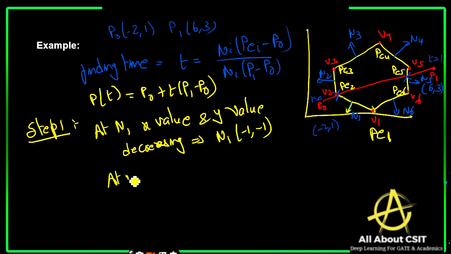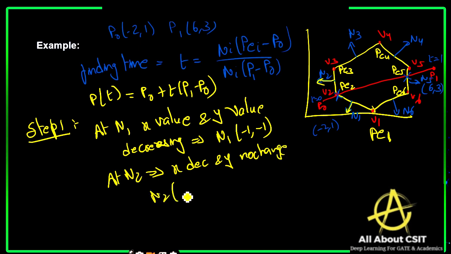At n2, x is decreasing, y is no change because y is constant here. So n2 is x decreasing, y no change. At n3, it is going up, right.